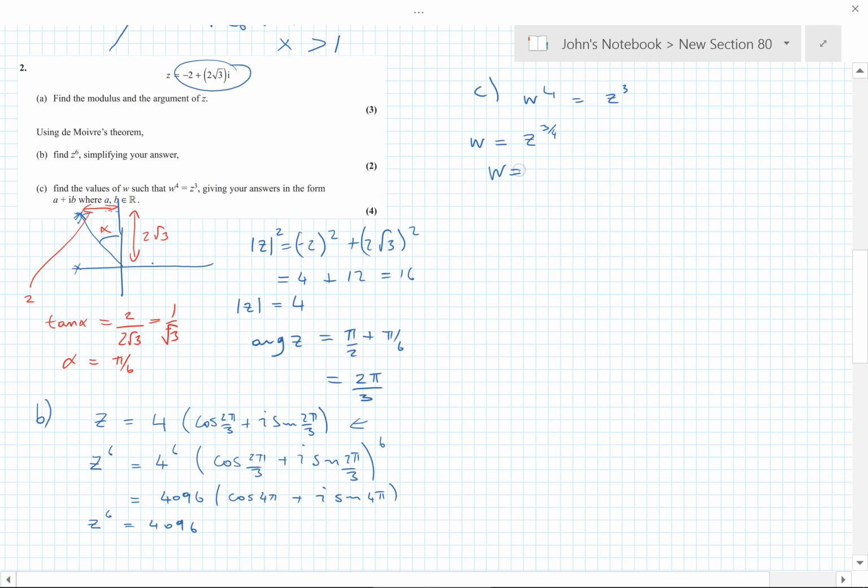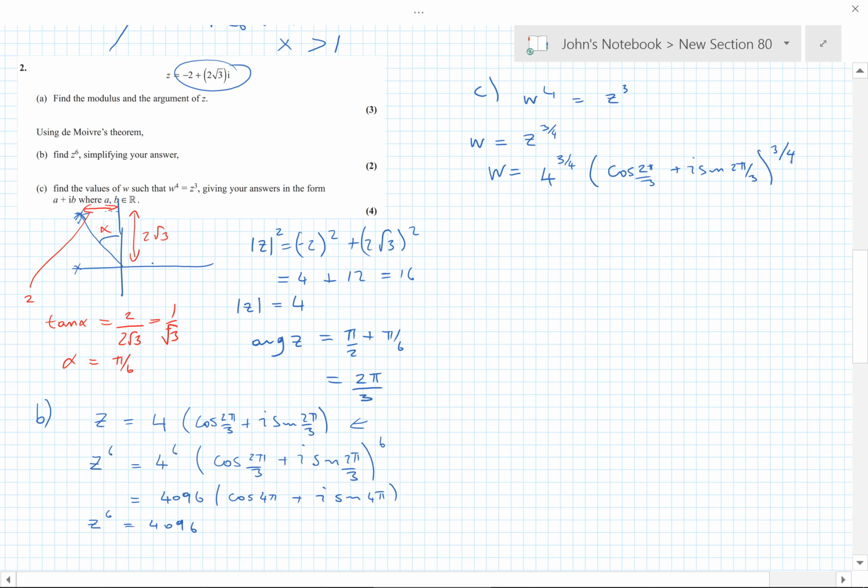So we have w is equal to 4 to the 3/4, cos 2 pi by 3 plus I sine 2 pi by 3, to the 3/4.